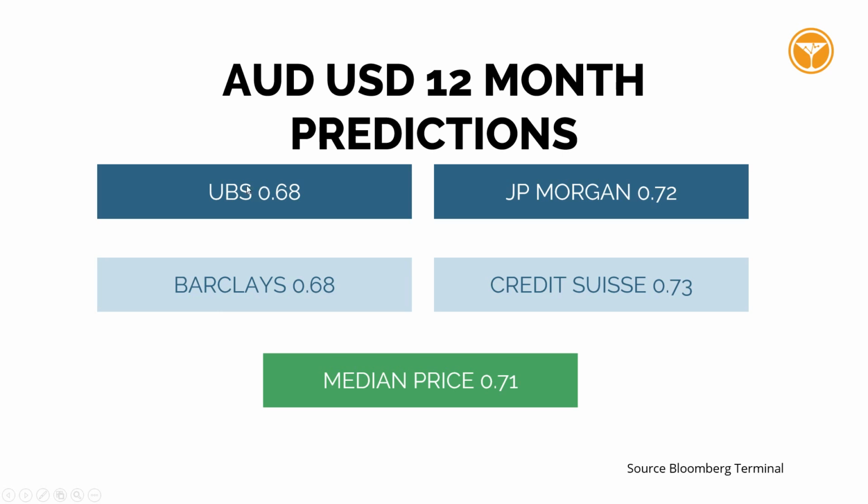So UBS, they're currently saying that in 12 months they believe the Australian US dollar to be at 68 cents. We've got JP Morgan at 72 cents, Barclays at 68 cents, and Credit Suisse at 73 cents, with a median price of all, I think it's about 100 brokerage houses, claiming it's going to be at around 71 cents by the end of the year.